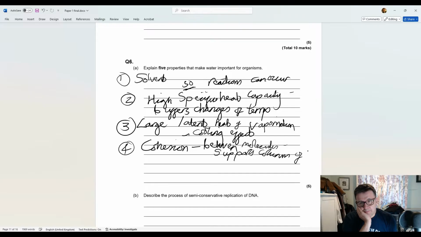Okay, could mention even they'll accept cohesion tension theory as well, and also cohesion again. Why is that useful? You get surface tension. So surface tension is useful for supporting small aquatic organisms like pond skaters.